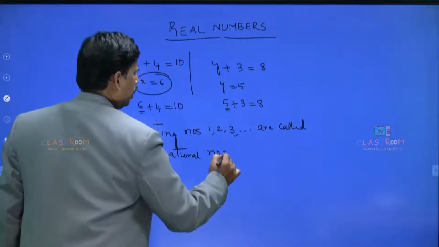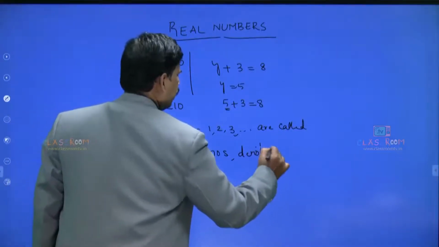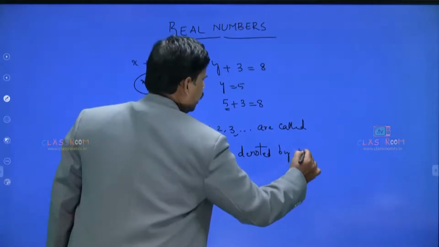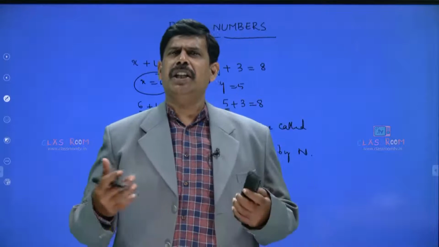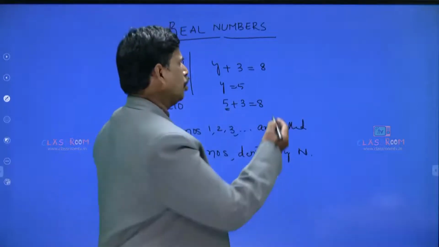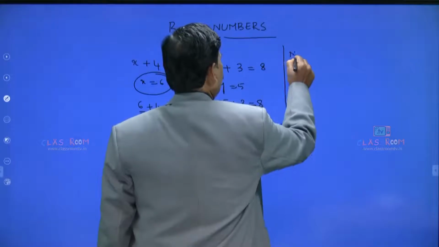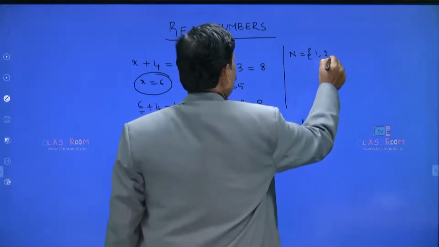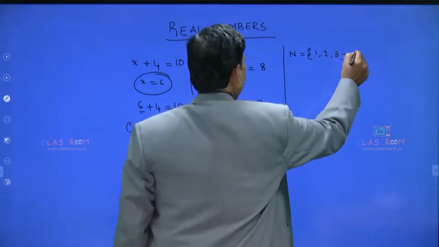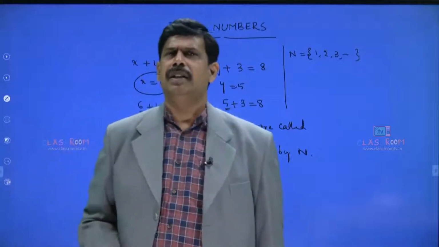They are called natural numbers, and these natural numbers are denoted by N. That we know. So the counting numbers are natural numbers. So the set of natural numbers, how will we write it, children? The set of natural numbers is 1, 2, 3 and so on. So this is about the natural numbers.